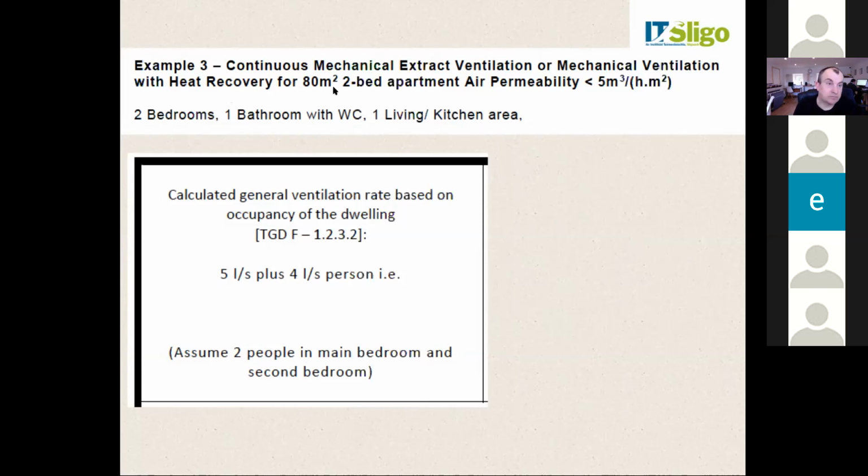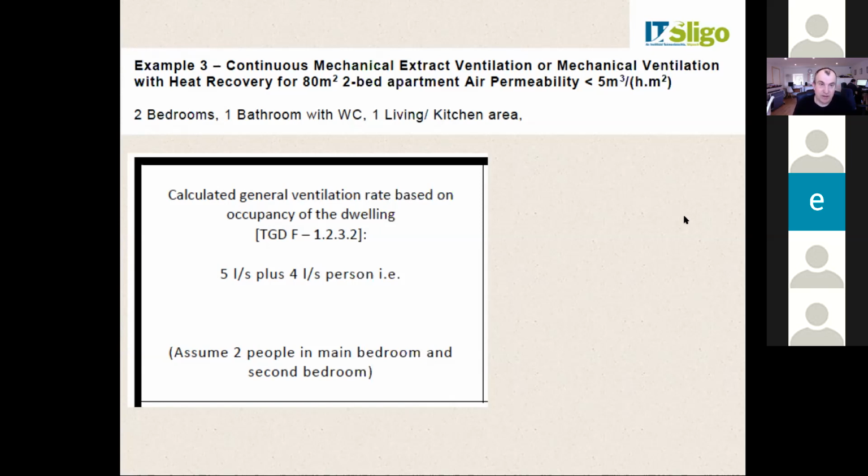Okay. This is example number 2. And now this is where you are going to require your pen and paper and calculator. At the end of it, we're going to pause and see if we can come up with the right numbers.